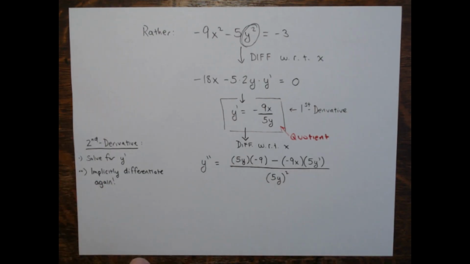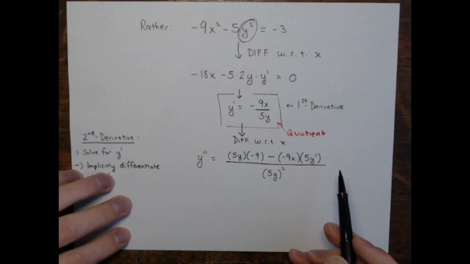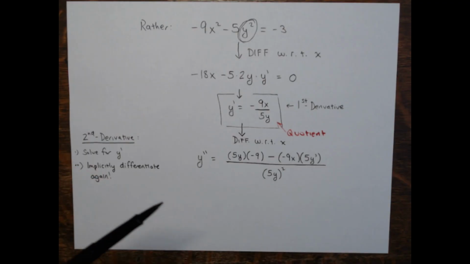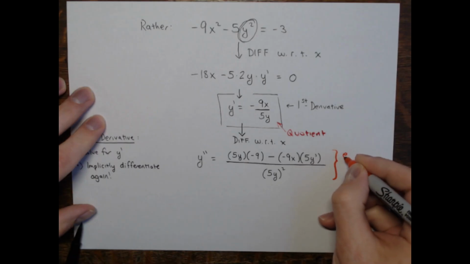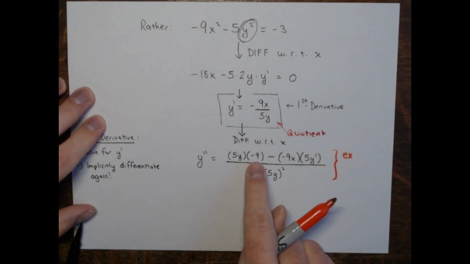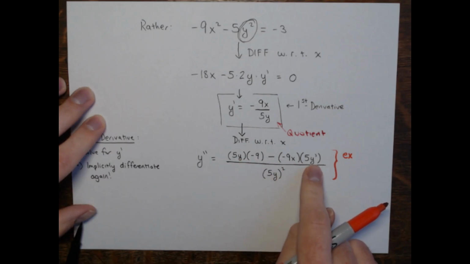Now they're going to ask me to simplify this. Right? This is perfectly good, but you're going to be asked to express this with just x and y, because right now this depends on x, y, and also y prime.